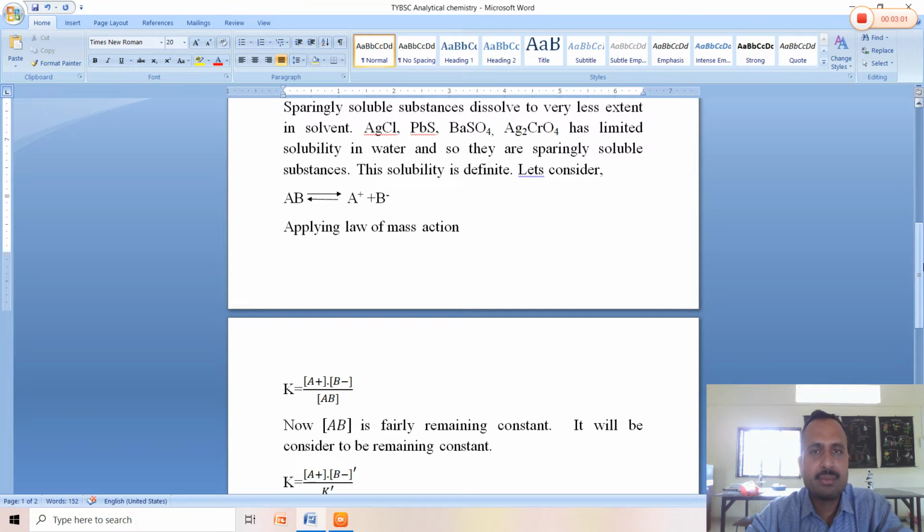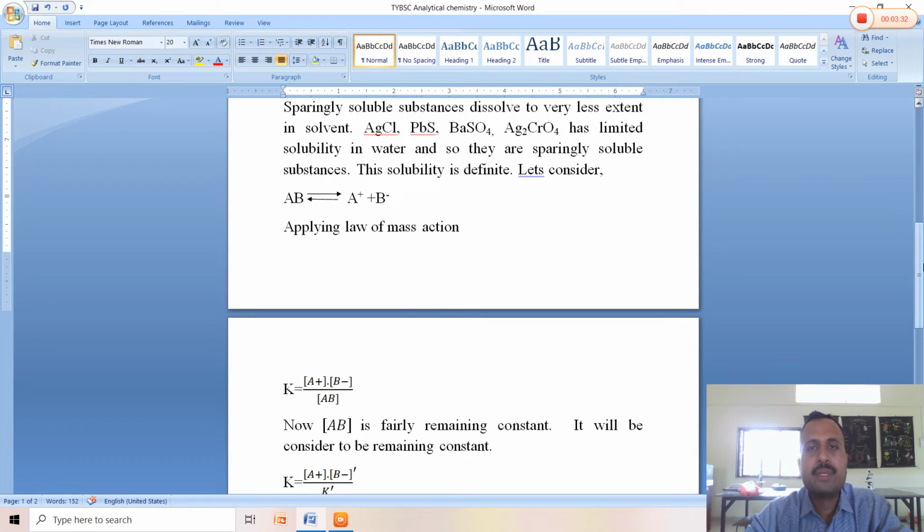When such substances are subjected to water or any type of solvent, they make a solution, and we can calculate the solubility product of particular sparingly soluble substances with their solution also. These sparingly soluble substances have a definite solubility, and we can calculate the solubility as well as the solubility product.